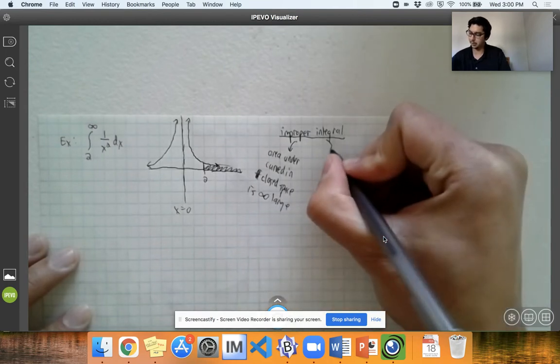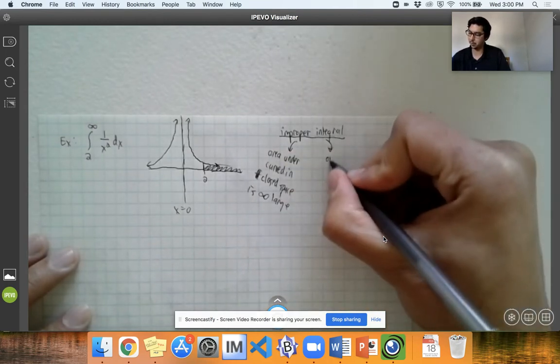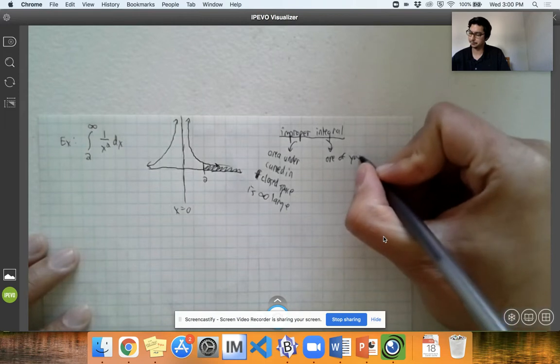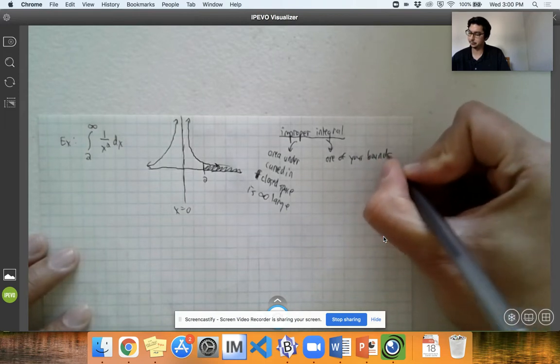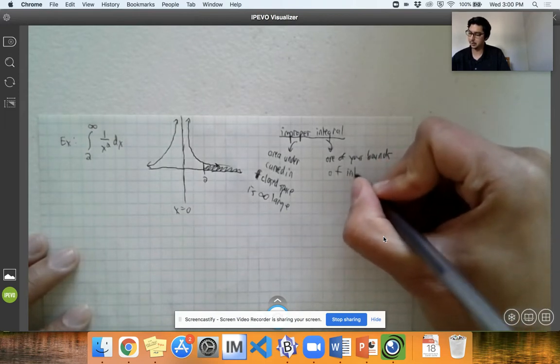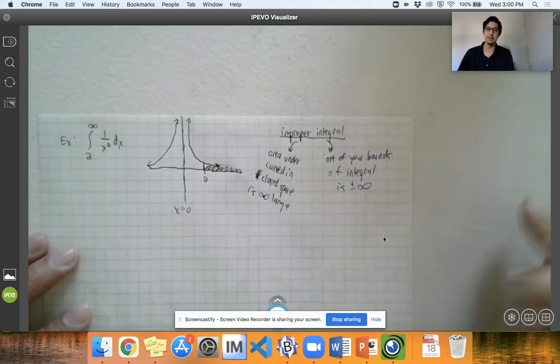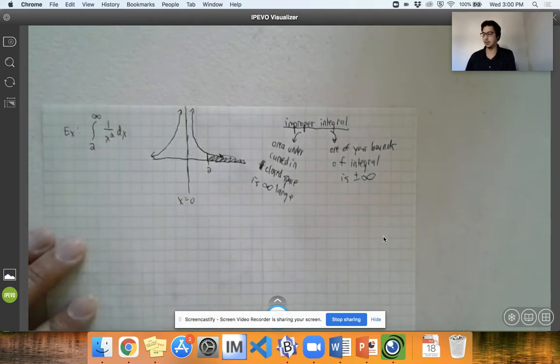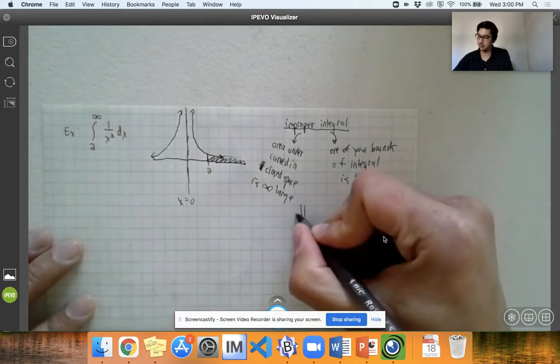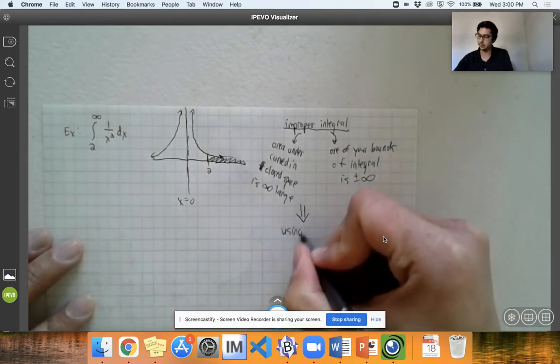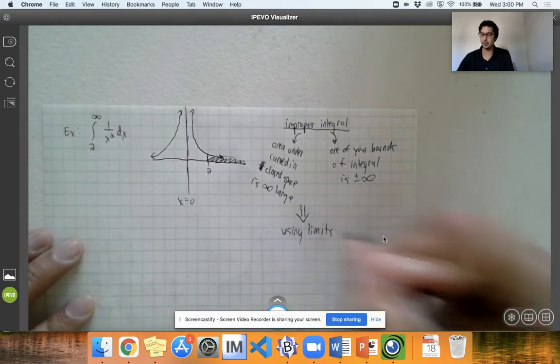And then the other one, which you see here, is if one of the bounds of your integral is infinity, plus or minus infinity, which is here. So same way as before, how do you solve this? You have to solve using limits. Have to use limits, okay?